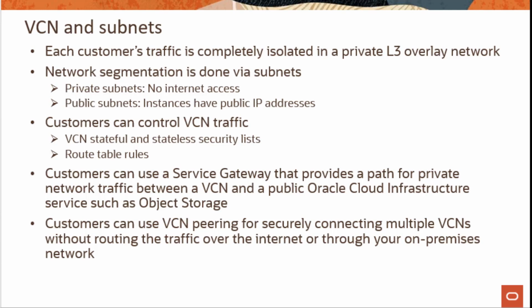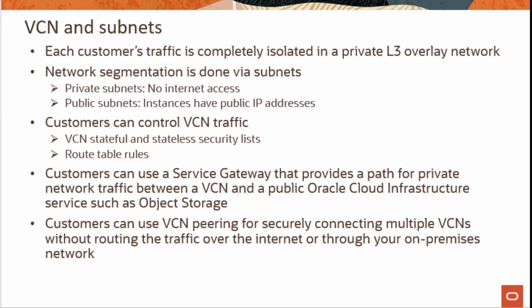So traffic can be controlled through security lists and route table rules. What about traffic that needs access to public OCI services such as object storage? For example, a database instance or a compute instance needed to backup or store something in object storage. The traffic from that compute instance should not traverse the public internet.